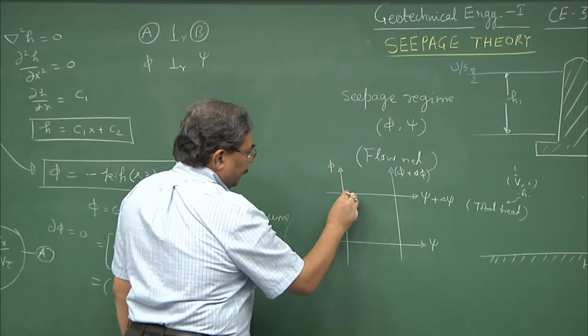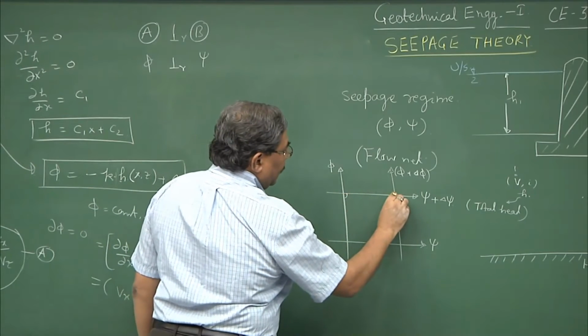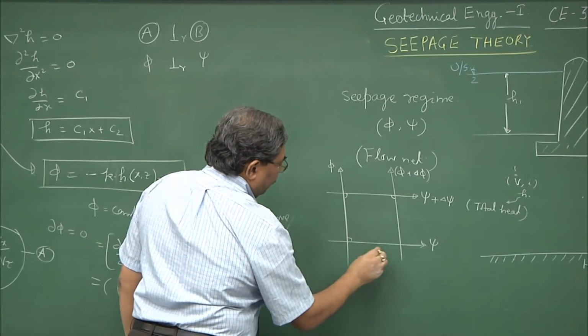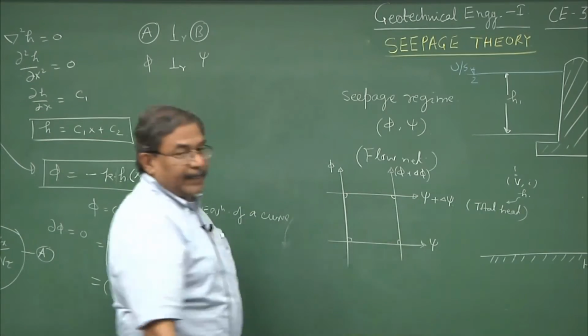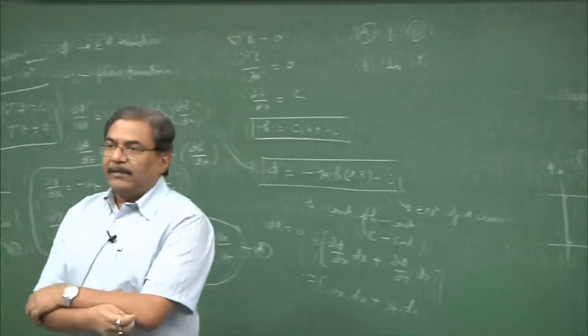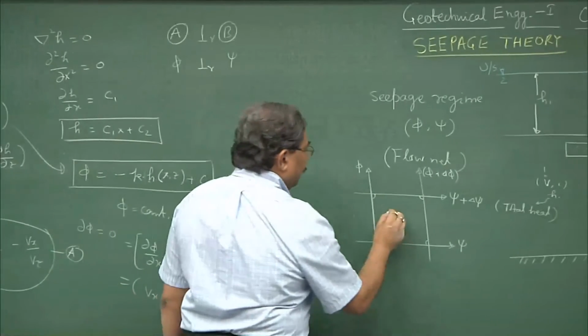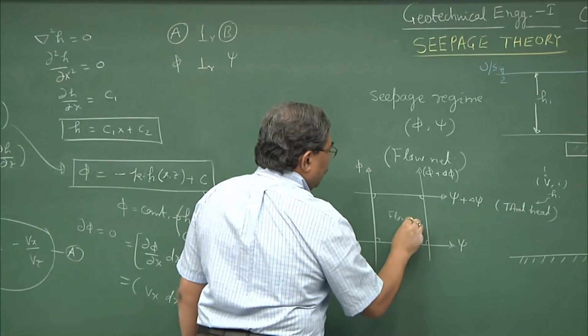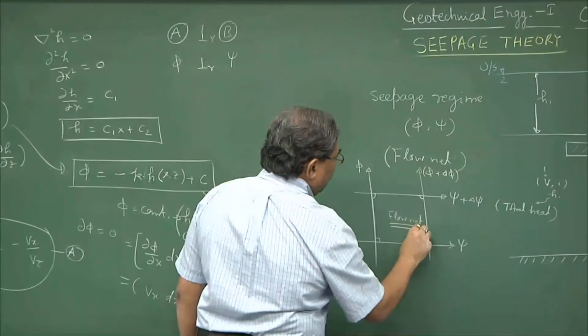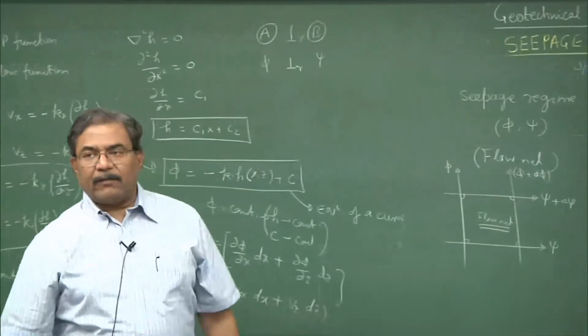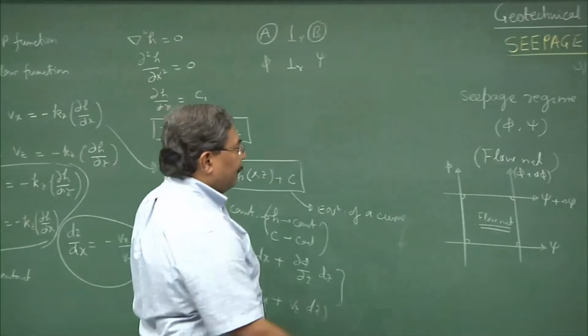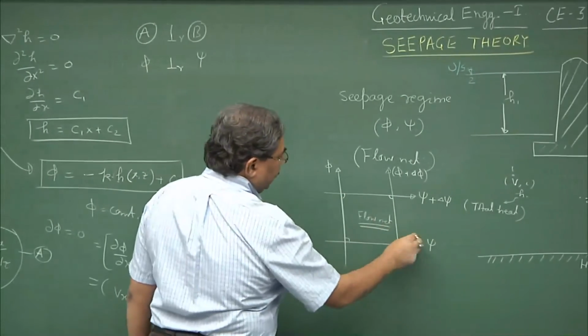As long as the normality criterion is established, that means phi is perpendicular to the psi function. This is a flow net. So, the first requirement of flow nets is that the phi function should be perpendicular to the psi function.